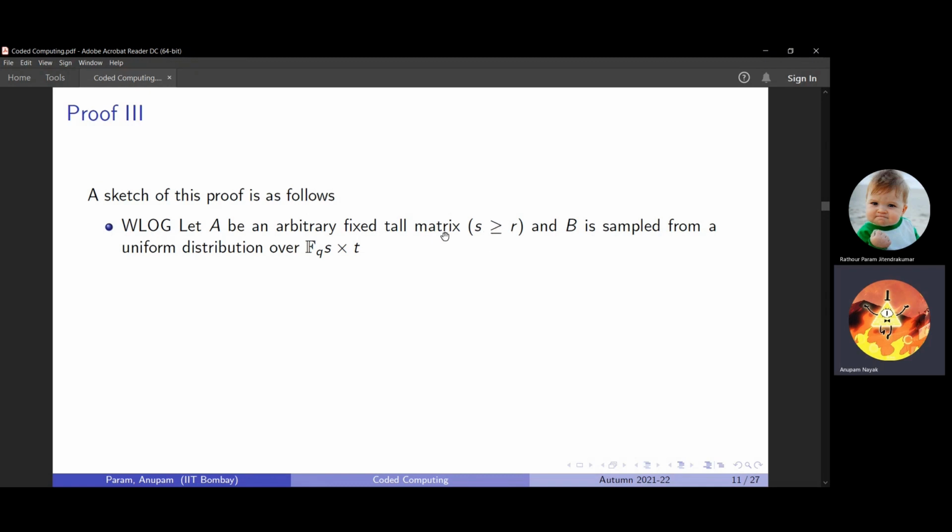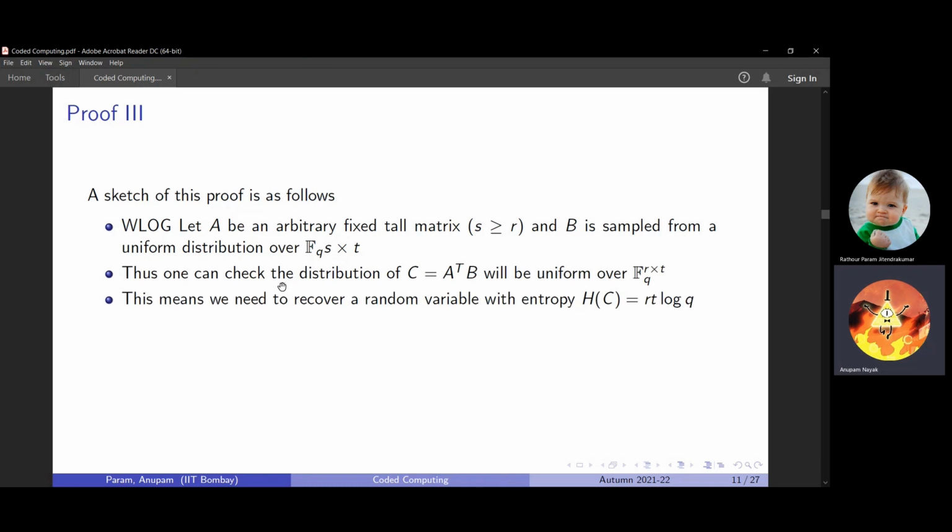So we assume that A is tall with S greater than or equal to R, and B is sampled from a uniform distribution over F_q^(S x T). One can check that the distribution of the product A transpose B will be uniform over this space. This means we need to recover a random variable whose entropy is RT log q.